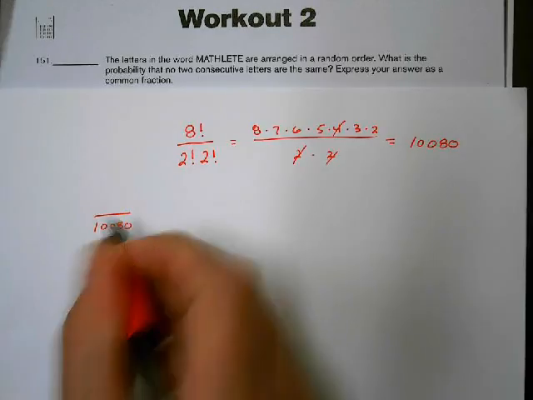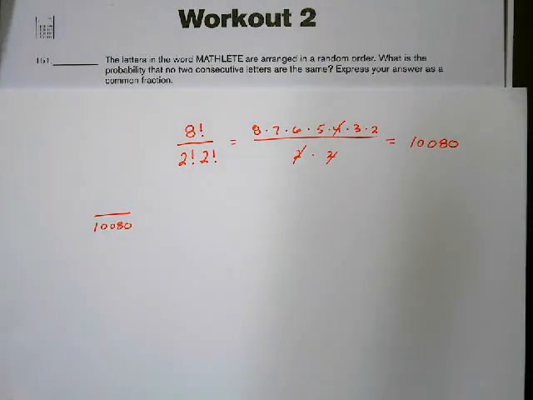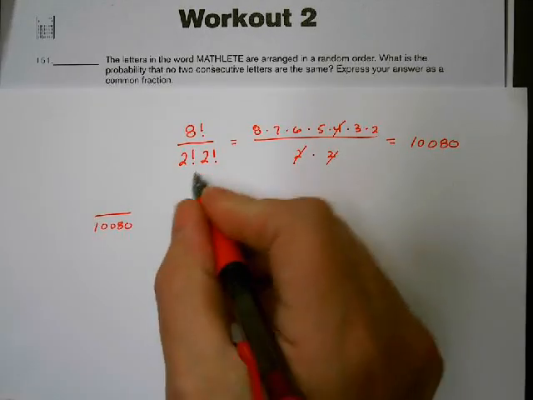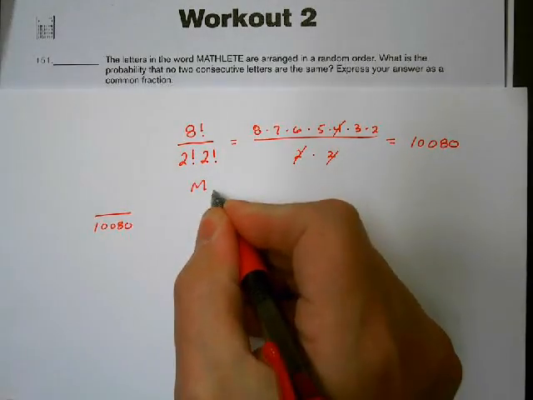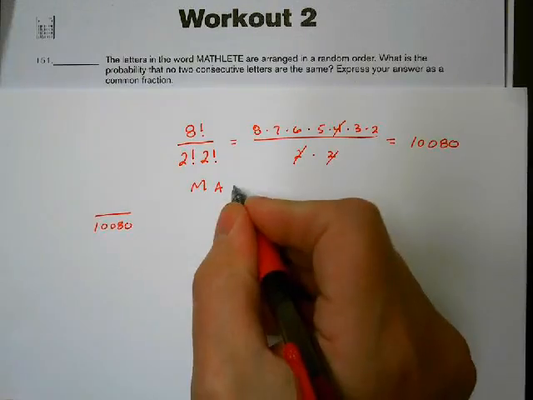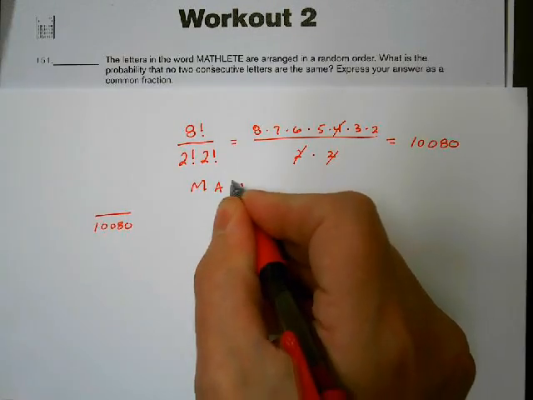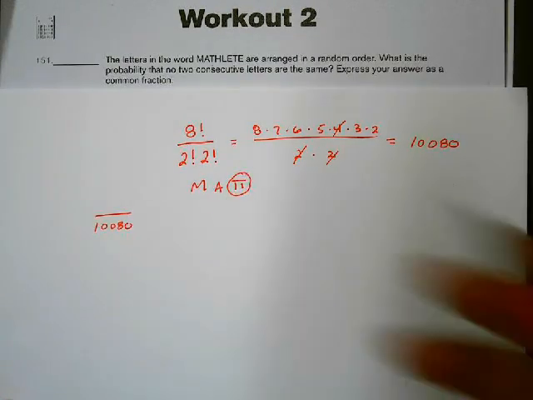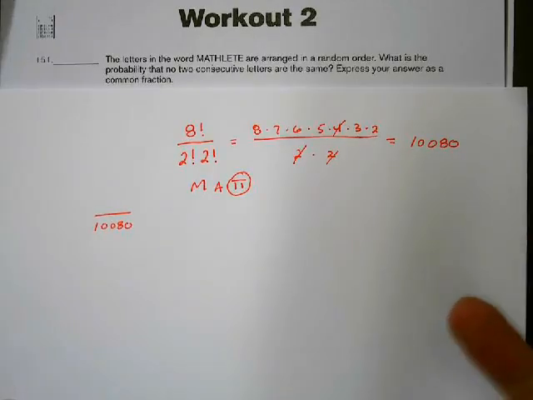Now we have to find out what our numerator is. We don't want to have 2 consecutive letters that are the same. Now we're going to deal with these individually. What if I had the T's next to each other? We don't want the T's next to each other, but what we can do is, we've got an M and an A, and then the T's we'll just put together like they're one group.